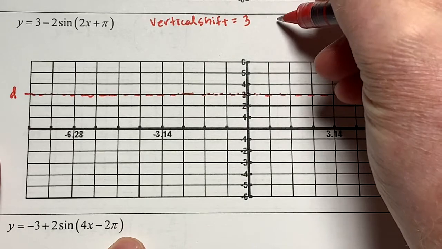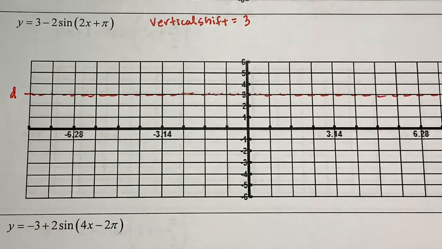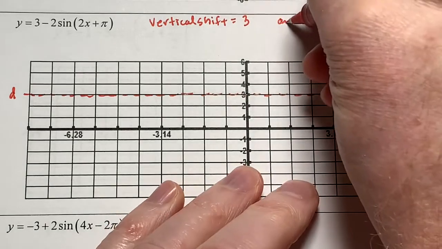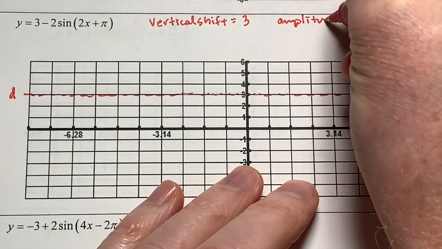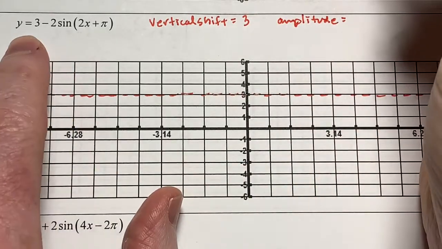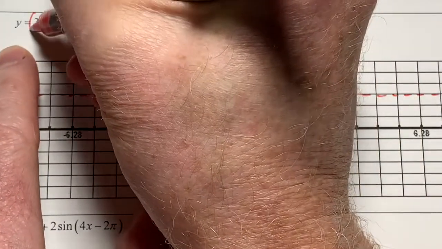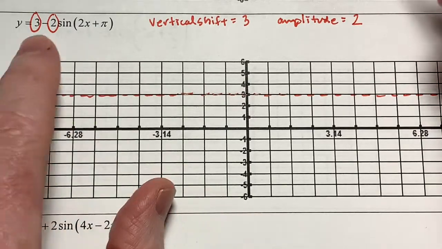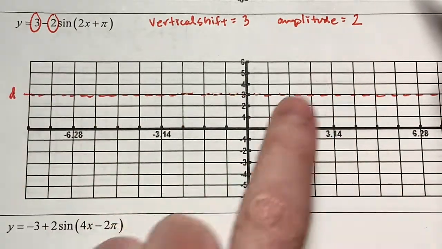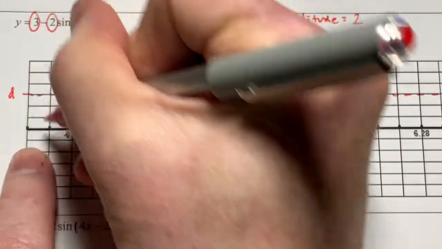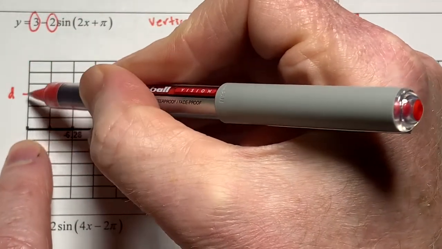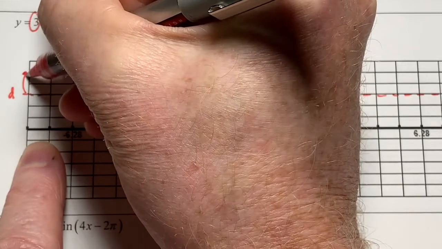And then what is my amplitude? My amplitude, again, I'm ignoring the negative. My amplitude is 2. You can think of it as the absolute value if you want, but this tells me I'm going to go not from the x-axis, but from the new vertical shift.